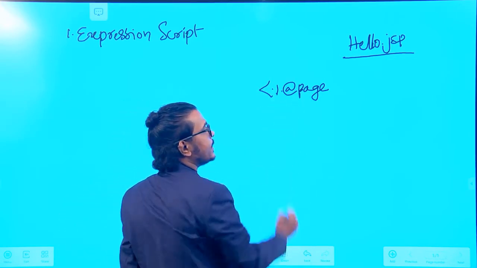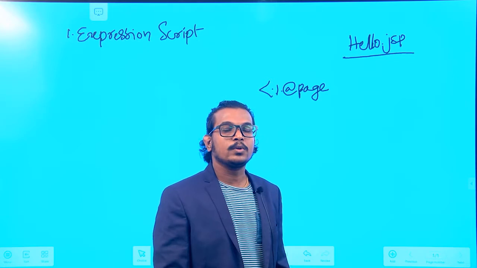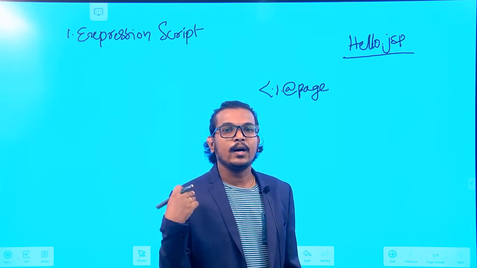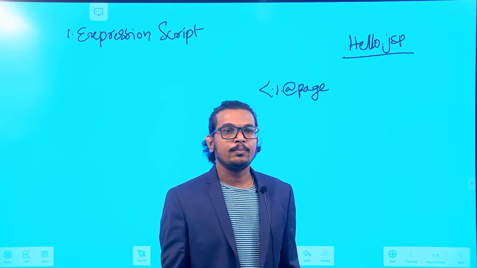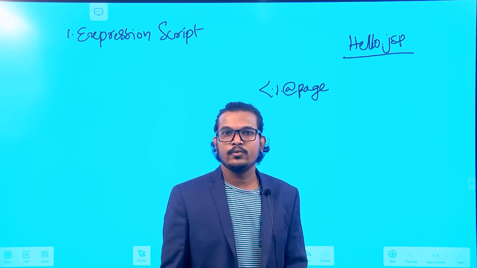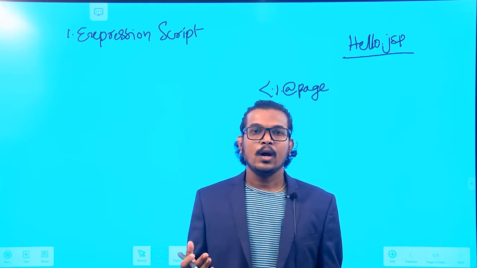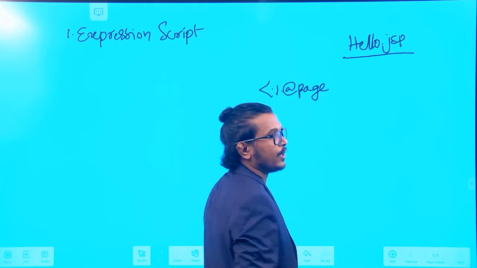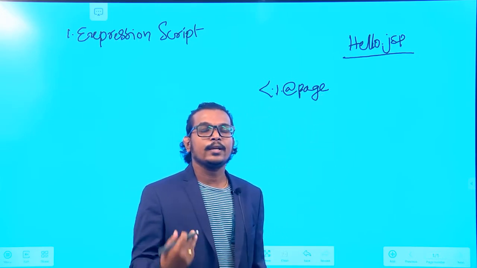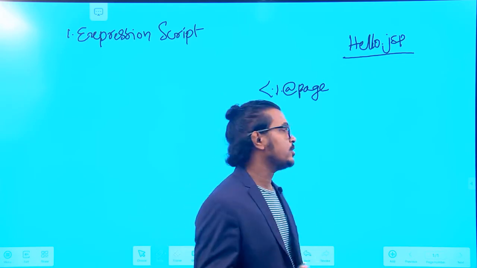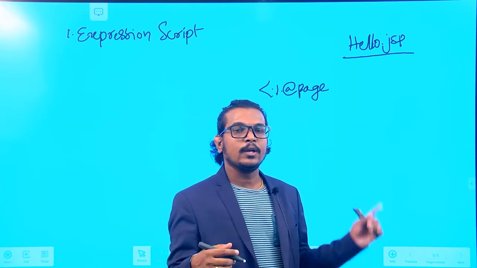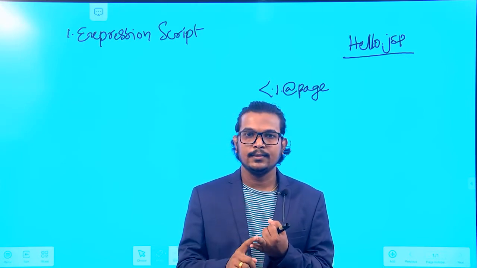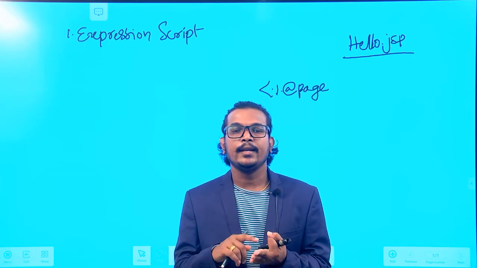With the help of this page directive tag, we maintain how you are constructing the JSP page, whether you are using HTML code or some other language, and also what requests you are using in this page. This page directive contains the content type, whether you are using HTML or any other, and the encoding.